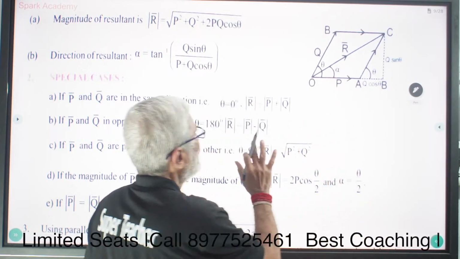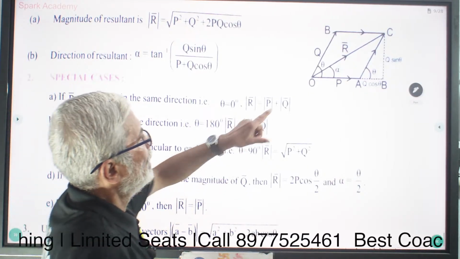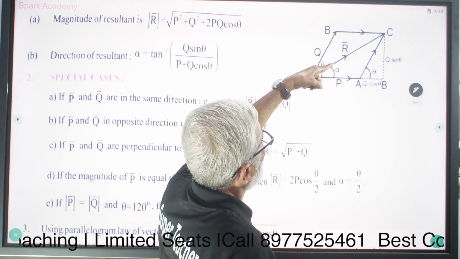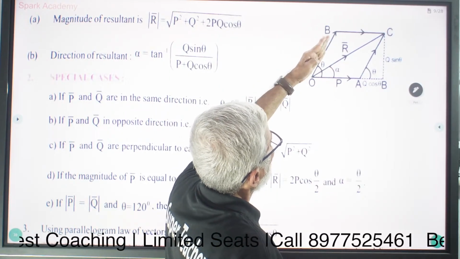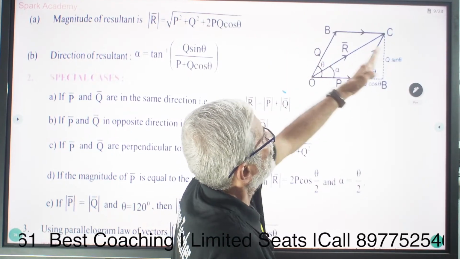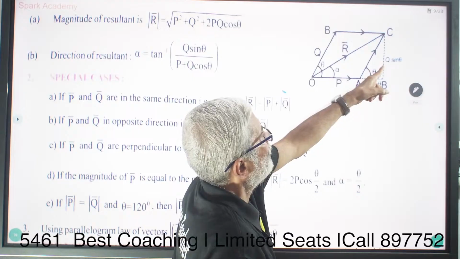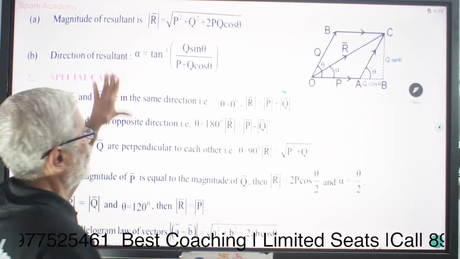Now this resultant has some formula. Its horizontal component is, for q, the horizontal component q cos theta and the vertical component q sin theta, and then you have to solve this right angle triangle and get this formula.